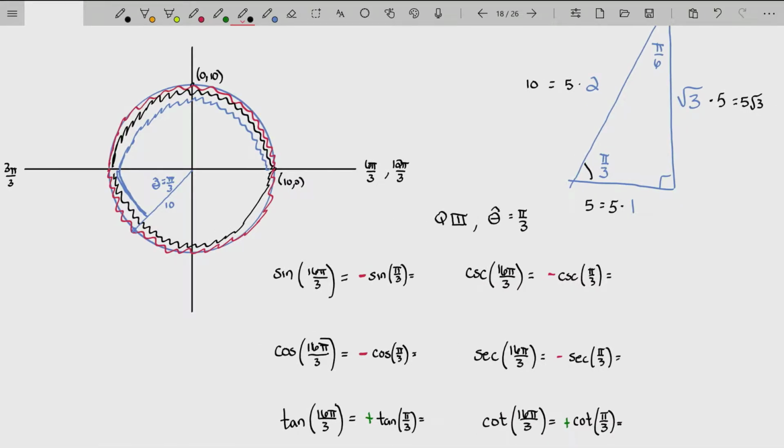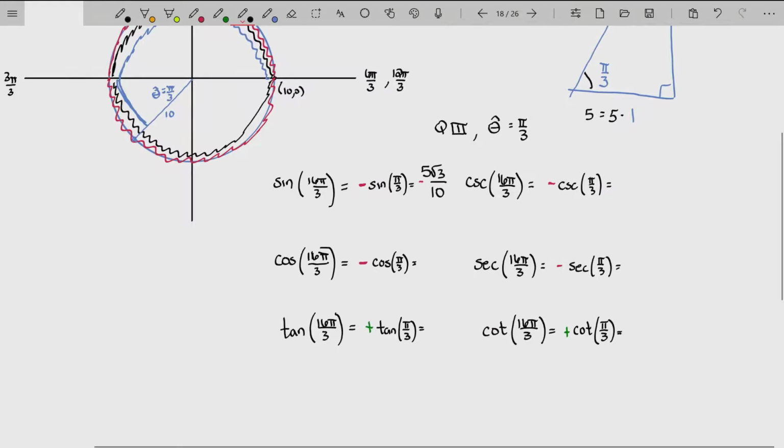So let's see, the sine is opposite over hypotenuse, so that'll be 5 root 3 over 10. So a negative, let me write the negative in there, and then I'll write in the 5 root 3 over 10. And if you notice, that is going to be negative root 3 over 2. So let's go ahead and write that in.